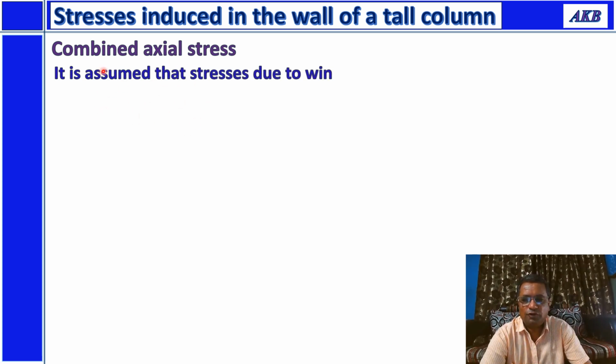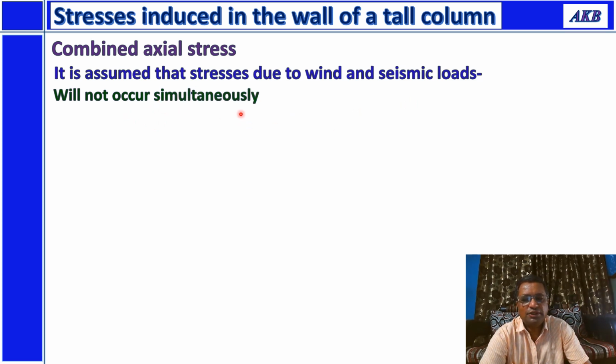So for getting this, first thing is we are going to assume that stress due to wind and seismic loads will not occur simultaneously. So this is the assumption. Wind and earthquake will not be acting at the same time.